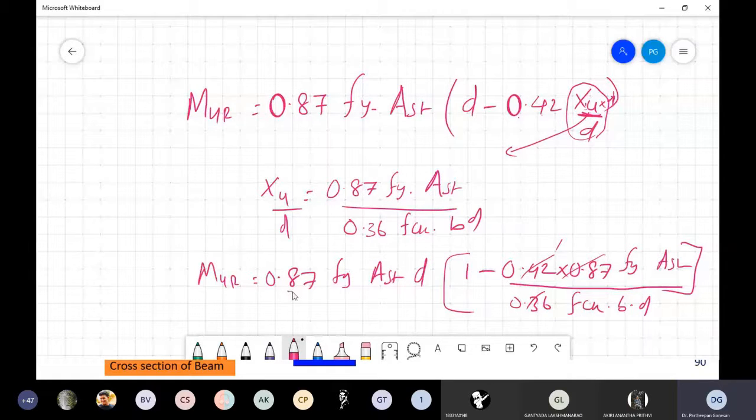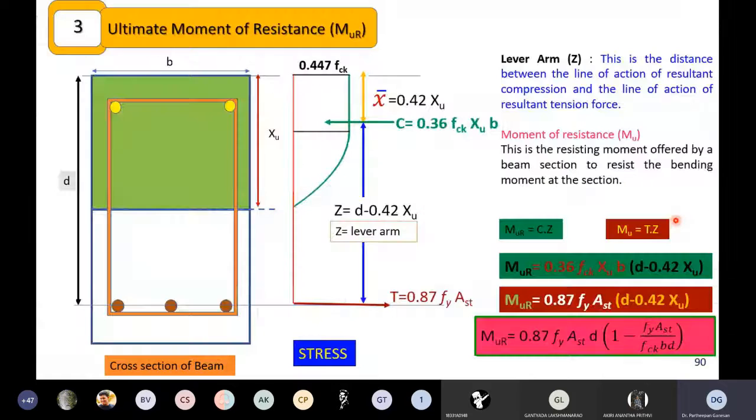So you will get 0.87 Fy AST D into 1 minus Fy into AST divided by FCK into BD. That's what is written here.